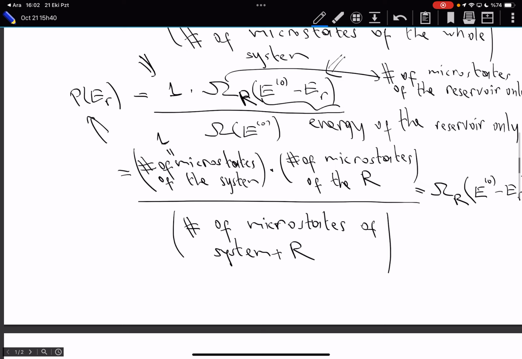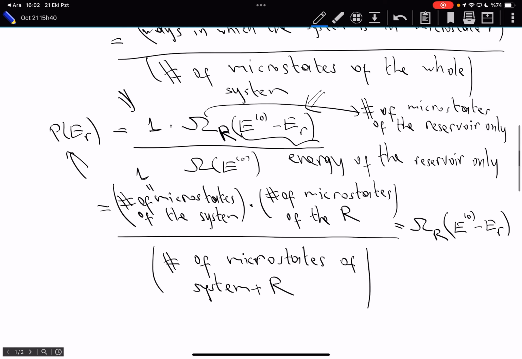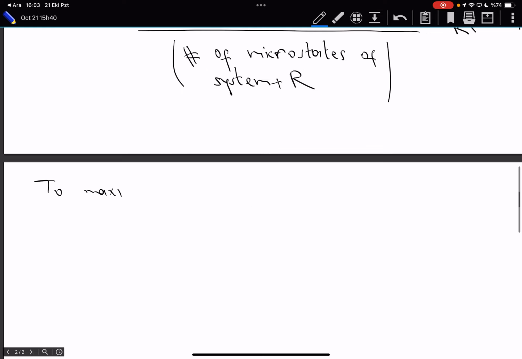Now the question is, what is the most probable state of the system? Well, to calculate it, we can maximize, let's see, this is constant. So if I want to maximize P of ER, I can just try to maximize this function as a function of ER.